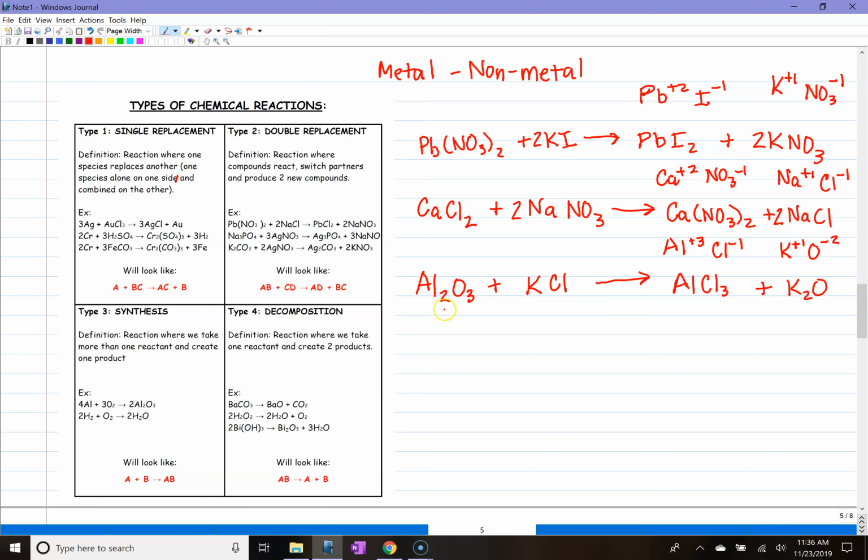Now I have to balance. I'm going to balance out my highest oxidation number, which is going to be aluminum. So I'm going to do that by putting a 2 in front of aluminum chloride. Then I have to balance out chlorine by putting a 3 in front of potassium chloride.